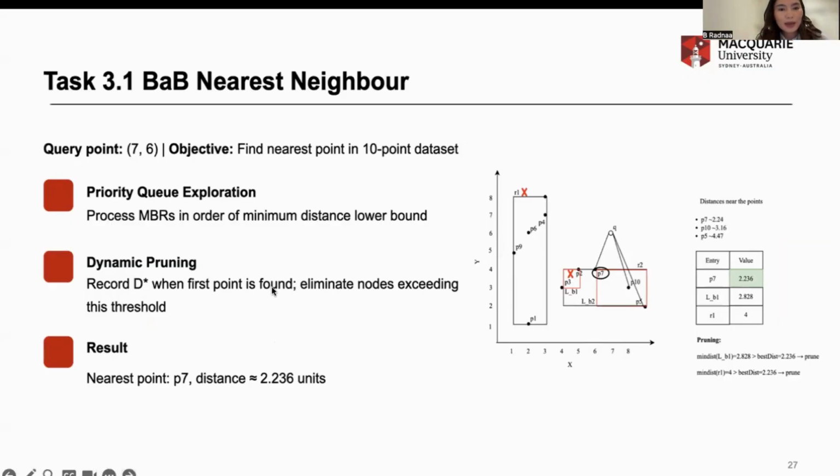When we pop the first point, we record its distance as D star and prune any nodes whose lower bound is larger. This guarantees correctness and reduces expansions. The final nearest neighbor point to the query 7,6 is P7, at a distance of approximately 2.24. You can see this from this picture.